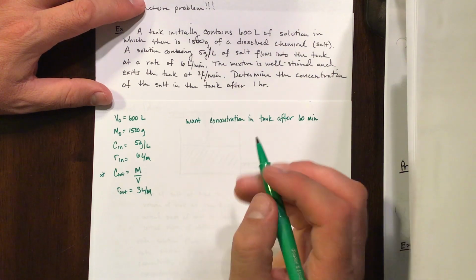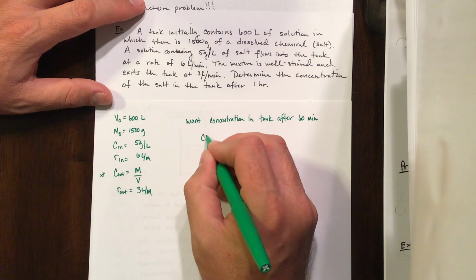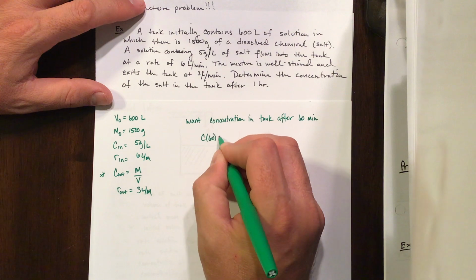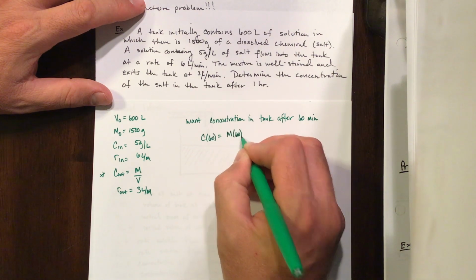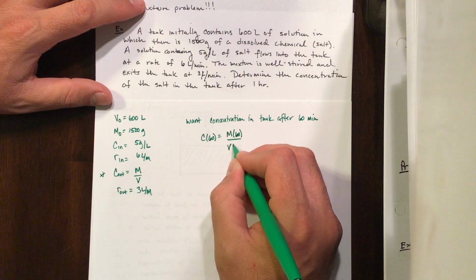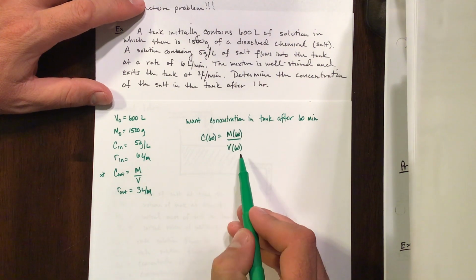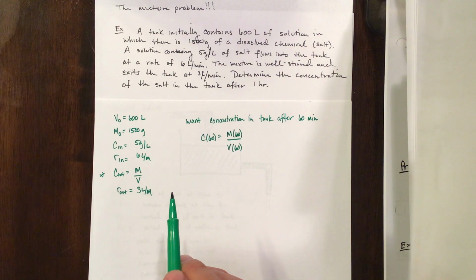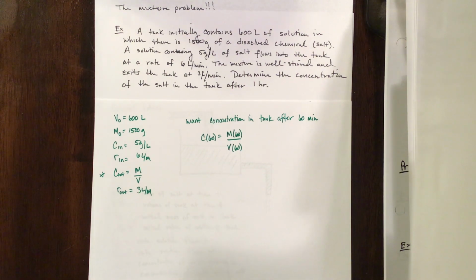The concentration after 60 minutes, so C of 60, is going to be the amount of salt in the tank after 60 minutes divided by the volume of the tank after 60 minutes. So I need M of 60 and I need V of 60. Those are two things I will want to keep in mind.